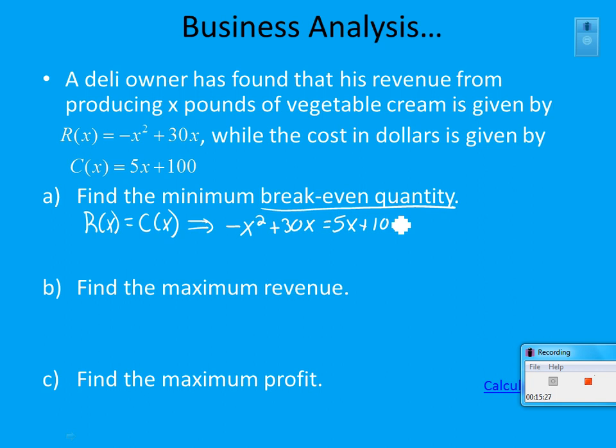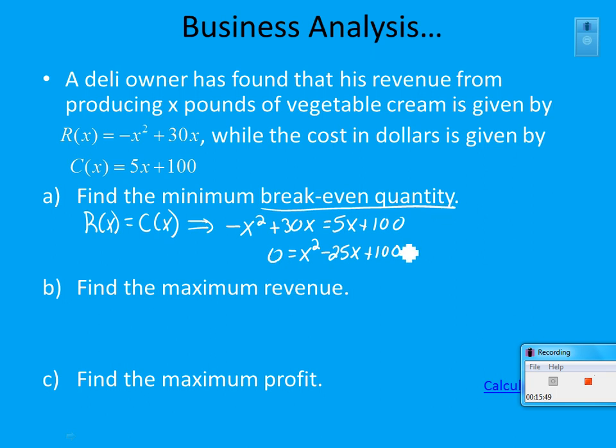Now we need to solve this. Since there's a squared involved, I would like for it to be positive, so I'm going to move it over to the right. So I'm going to have x squared, I'm going to subtract 30x over there, minus 25x plus 100 equals 0.